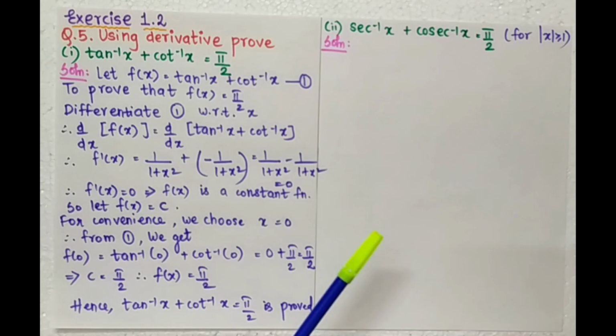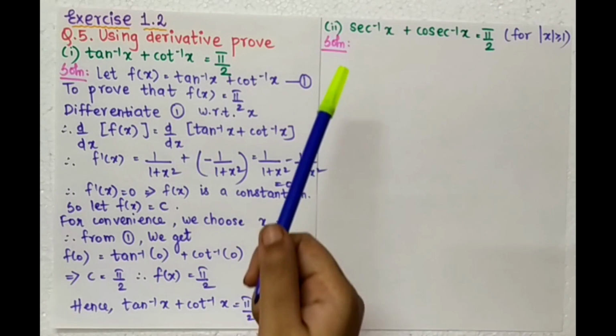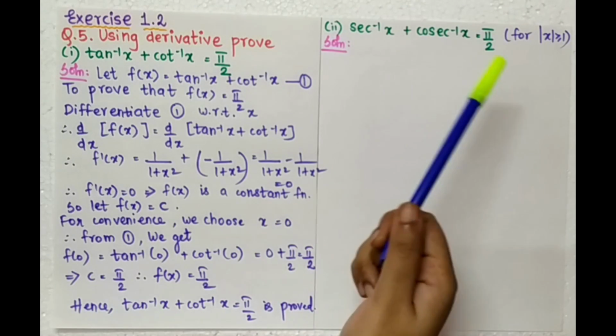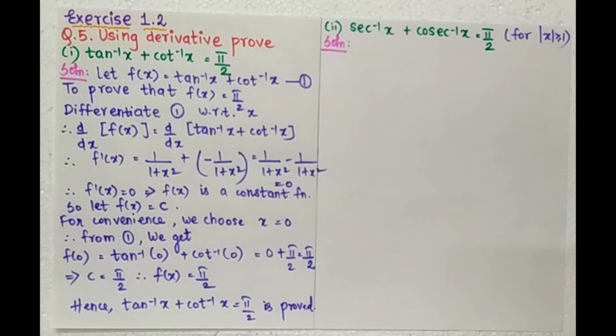Then we will move on to question number 2, that is sec inverse x plus cosec inverse x equal to pi by 2. This is also very similar to this question, with a little change, which I will tell you while solving the problem.